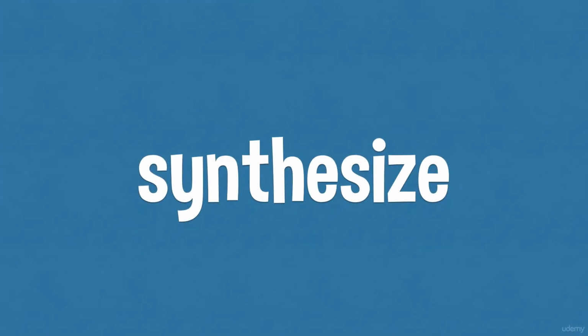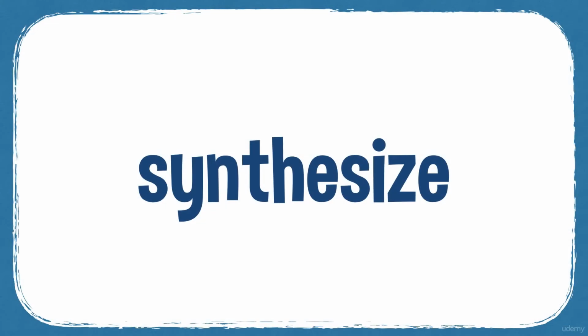Your next word is synthesize. Synthesize. When you synthesize something, you make a substance using chemical or biological reactions. But you can also synthesize ideas, which means bringing ideas together. Synthesize. Now I've spelt it here with a Z. That's quite a common spelling, especially in American English.